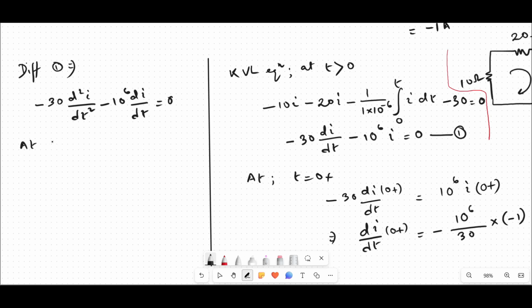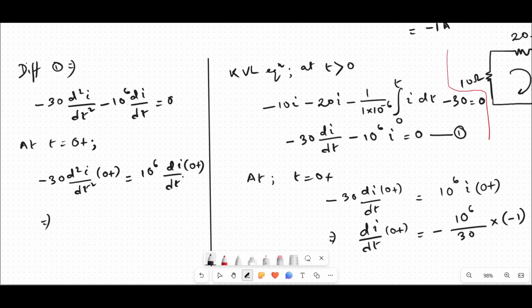Now at t equals 0 plus, we'll have minus 30 d2i/dt2 at 0 plus equals 10 to the power 6 times di/dt at 0 plus.